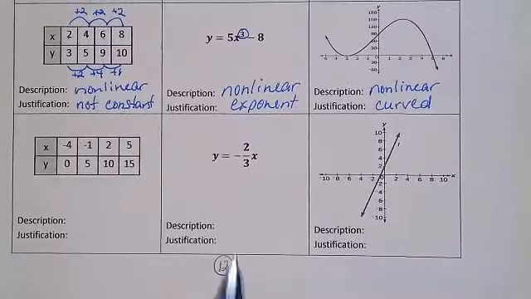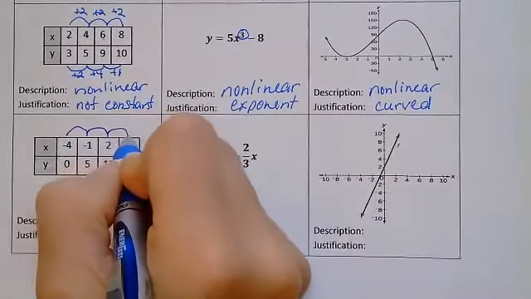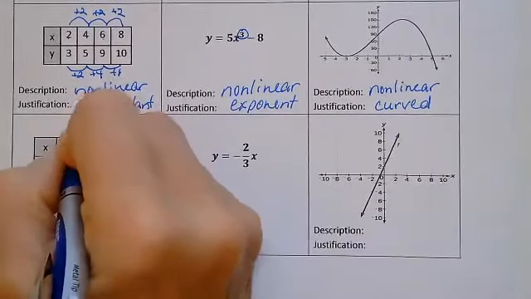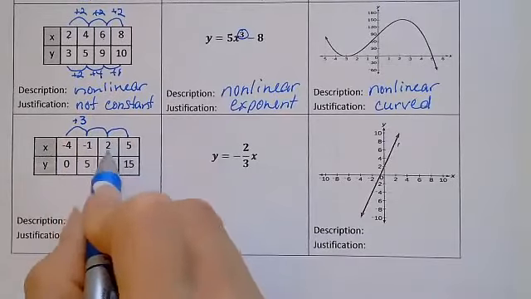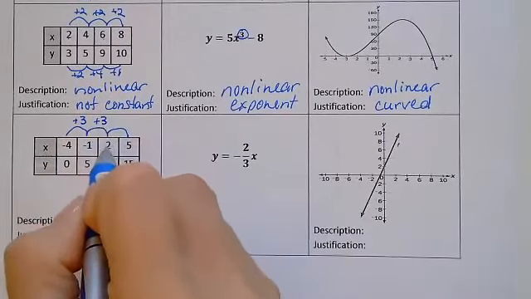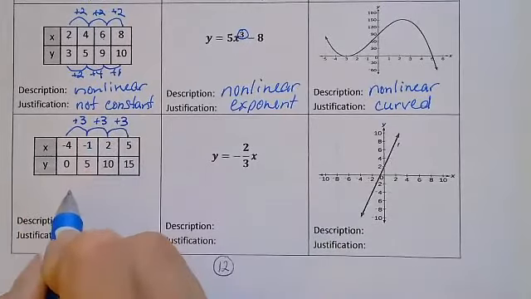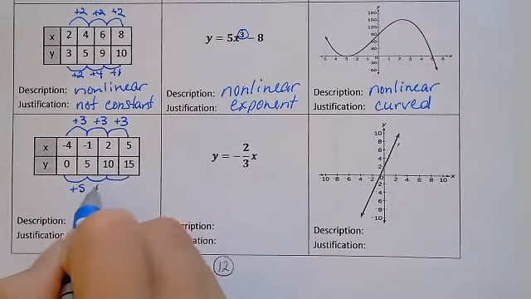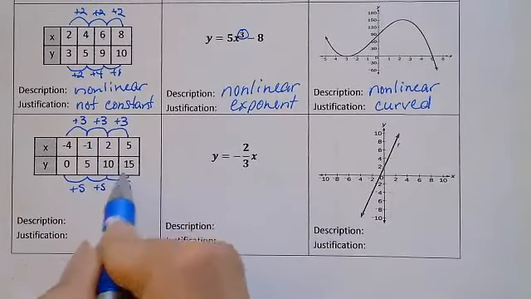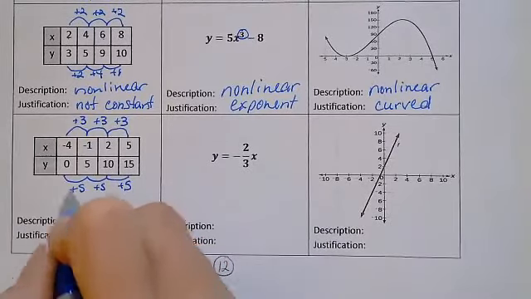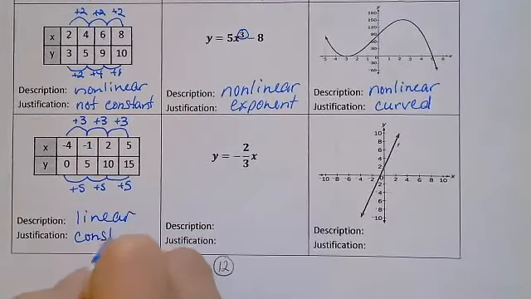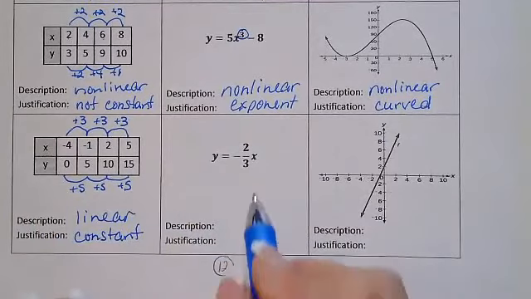Okay, last three. Let's take a look at this rate of change. So from -4 to -1 is a +3. This is also +3. And this is +3. Okay, let's look down here. This is +5, +5, +5. So we do have a constant rate of change. So this is linear. Okay.